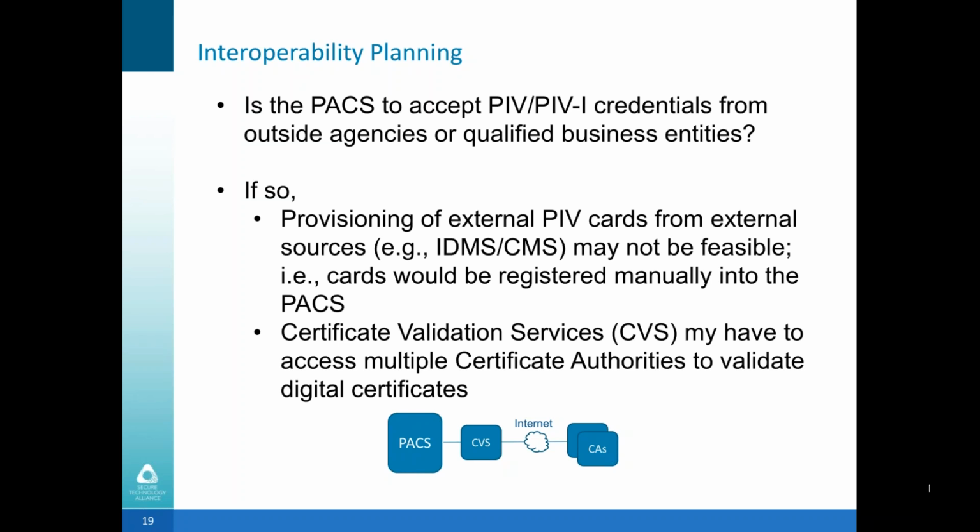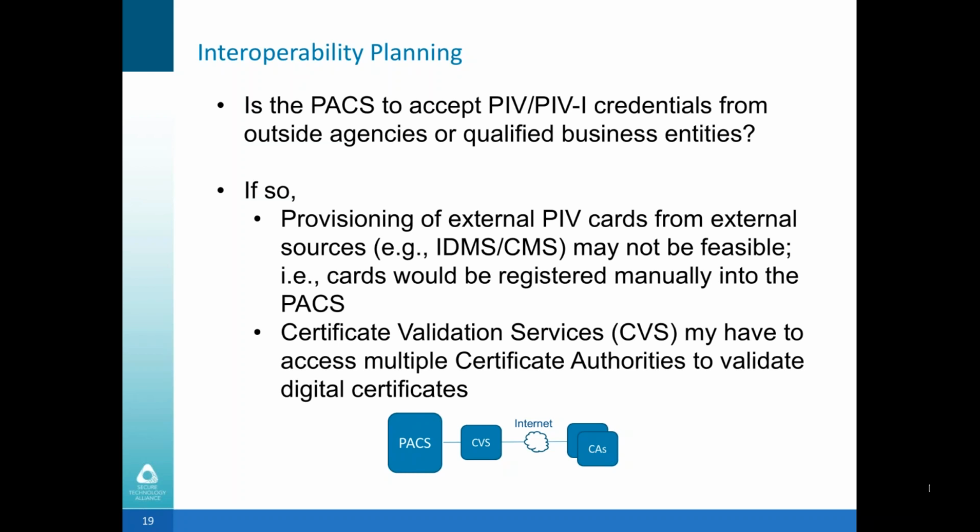The GSA manages buildings throughout the federal government where offices are leased to other agencies. So there are buildings whose tenants are from multiple agencies, and the building has a single PACS system that has to manage all these clients and the PIV cards from different agencies within that same PACS system.